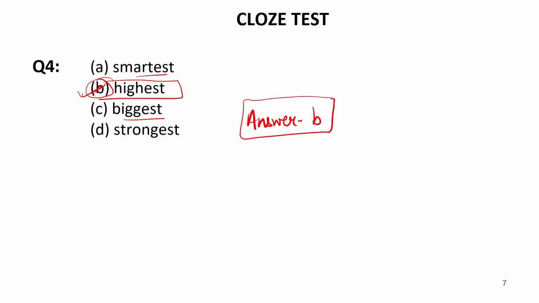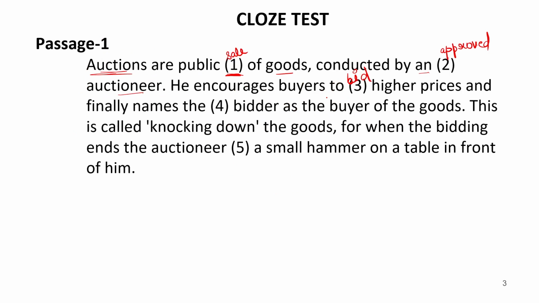Okay. Now let us move to the next option. This is called knocking down the goods. For when the bidding ends, the auctioneer dashes a small hammer on a table in front of him. If you have seen an auction going on, you must have seen the hammer that the auctioneer hits on that table after the final bidder has been selected.